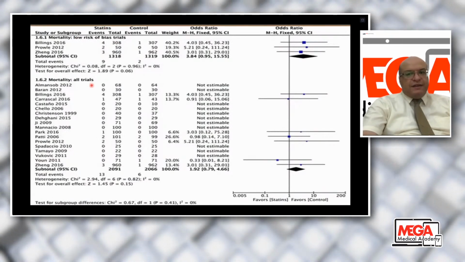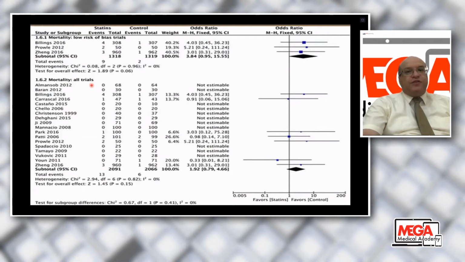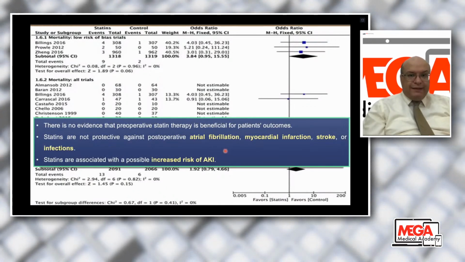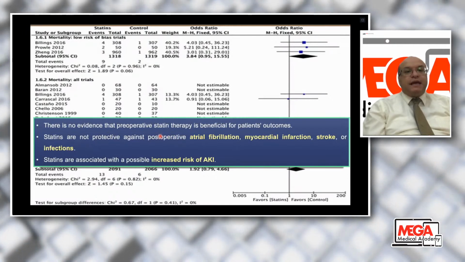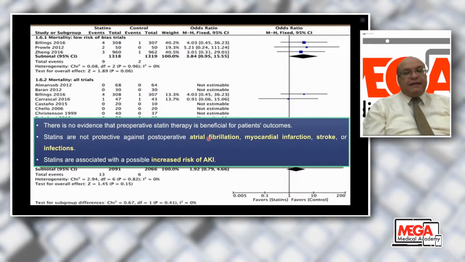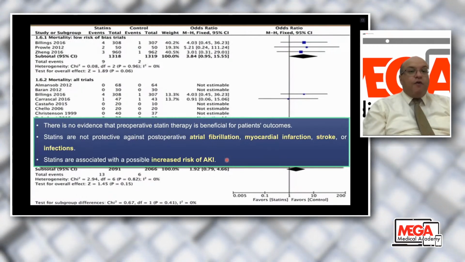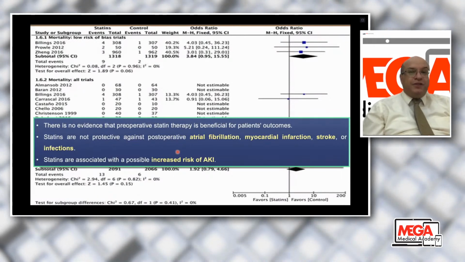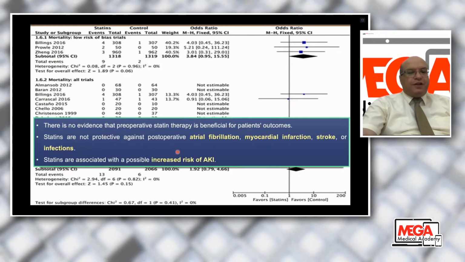There is no difference in the risk of mortality with using or not using statins during the pre-operative period. More interestingly and worrisome indeed, statins weren't protective against atrial fibrillation, myocardial infarction, stroke, or infection. However, it is very worrisome that there is an increase of acute kidney injury after pre-operative use of statins before cardiopulmonary bypass.